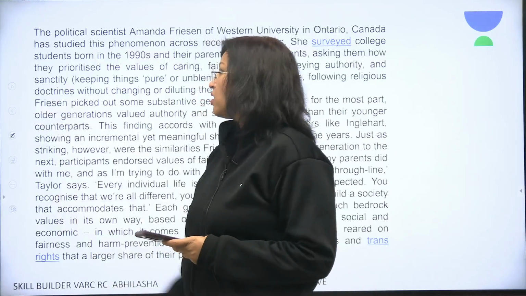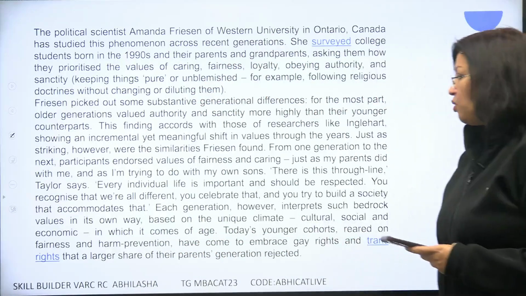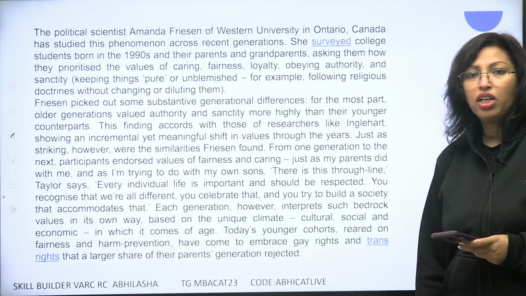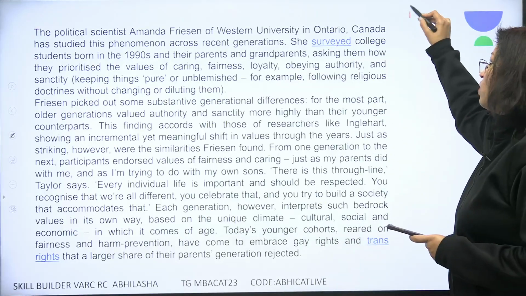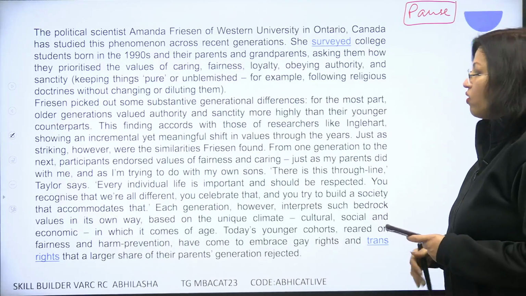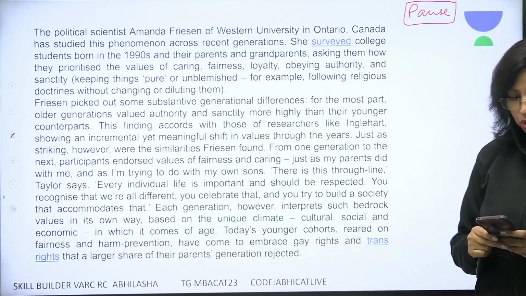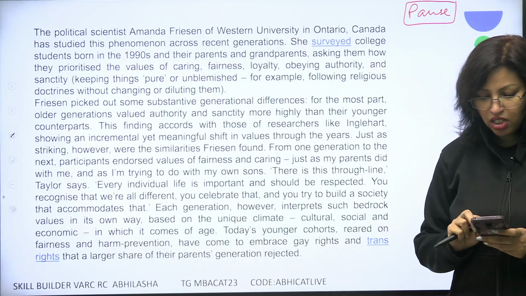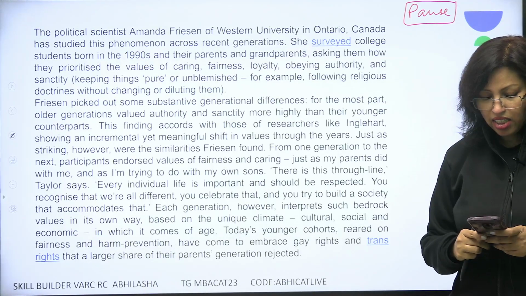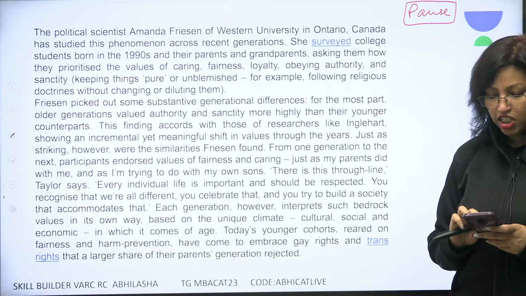Alright. Here is another part of a small passage. We will take another minute, so pause, read and then solve. The political scientist Amanda Friesen of Western University in Ontario, Canada has studied this phenomena across recent generations.